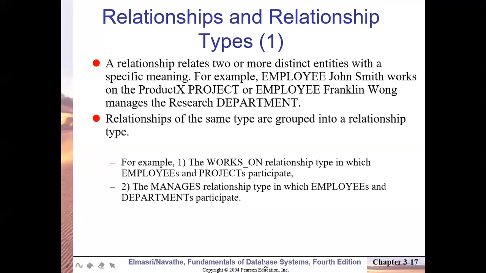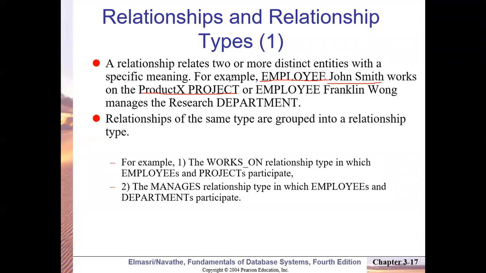Now here the example given is the employee. See, we are talking about an entity, not entity types right now. So employee is the entity type. That means it's a group of entities, among which there is a single entity called John Smith. So employee John Smith works on the product X project.